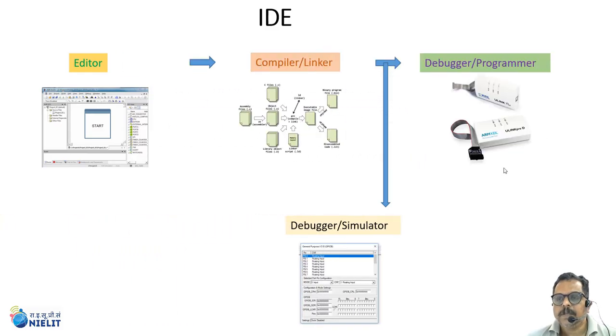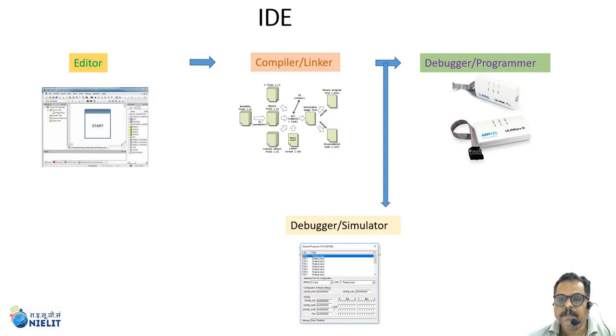In this figure you can see that there is a hardware debugger. We can dump the binary code to the microcontroller through a programmer, or sometimes a debugger can also be used for programming. If you are not using any hardware debugger, you can directly make the debugger a simulator.